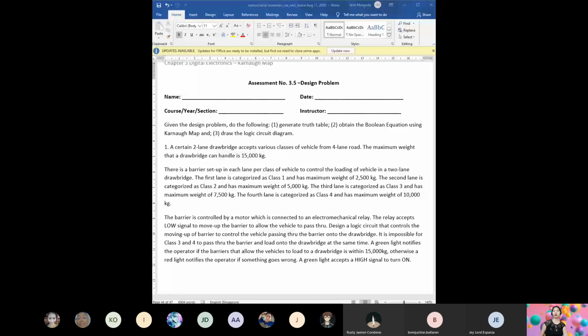Since the directives of CHED is the university must finish the school year 2019-2020, at hindi pa tayo nagte-third term, sabi ni CHED within a month kailangan tapusin ng 2019 to 2020. That was May.